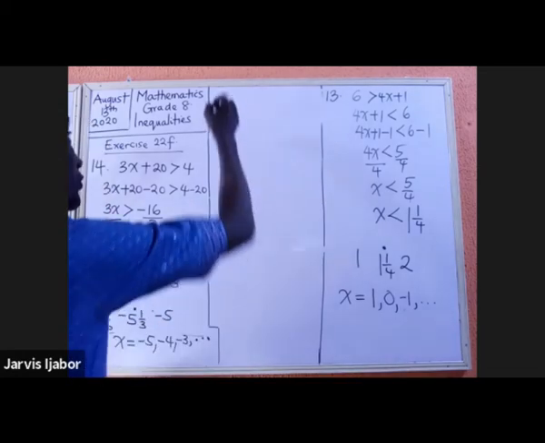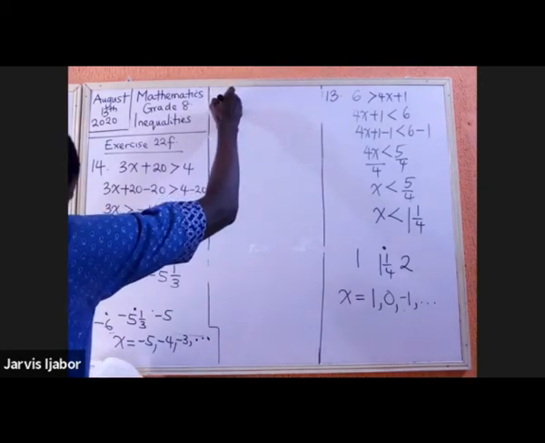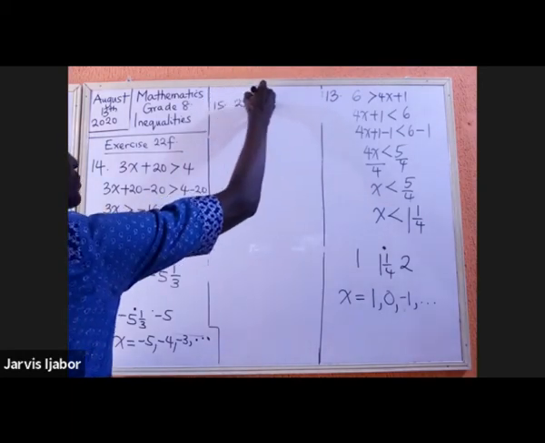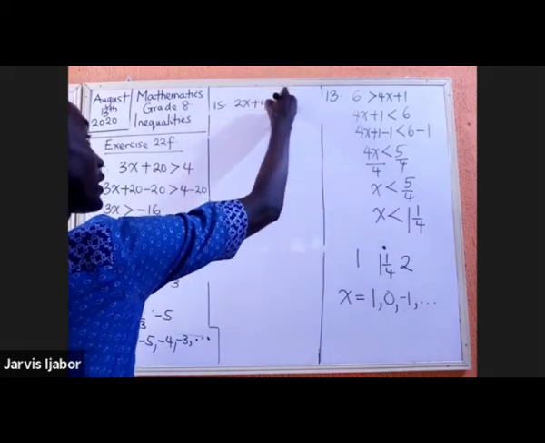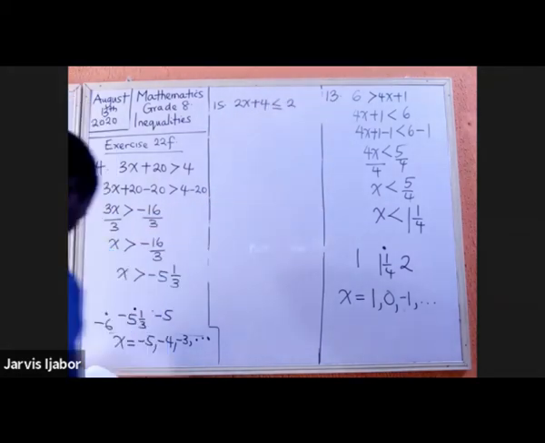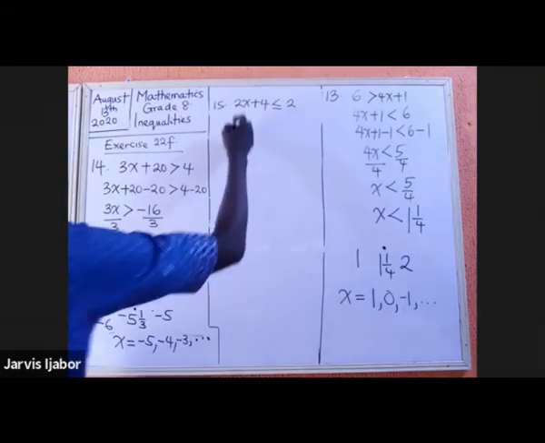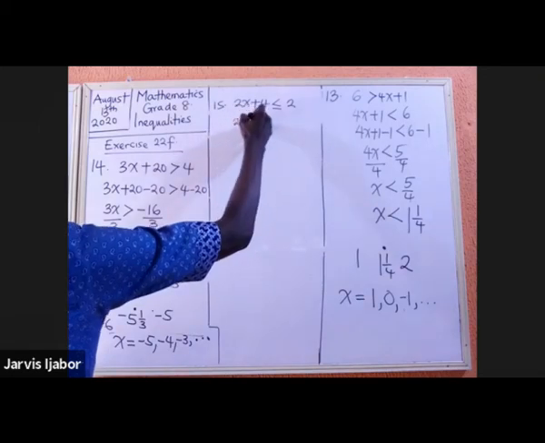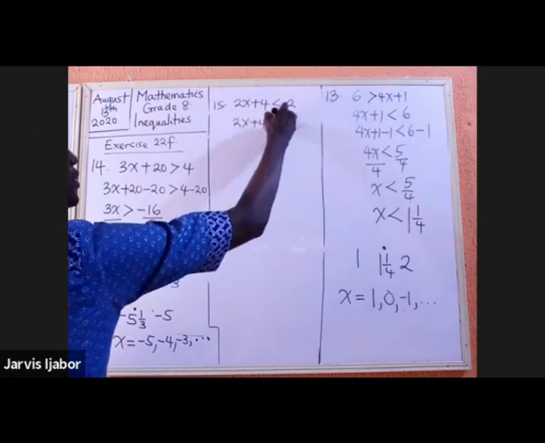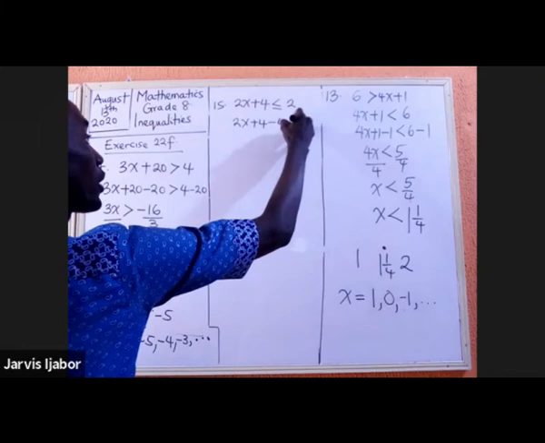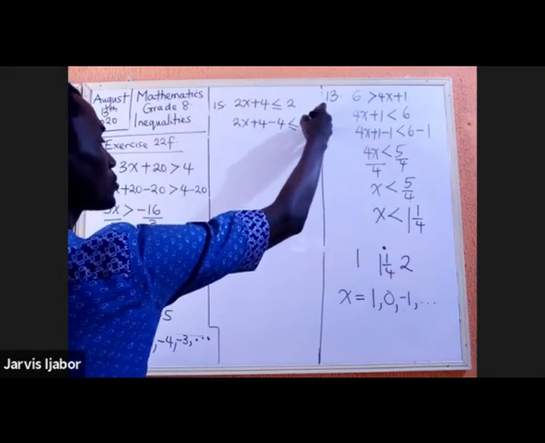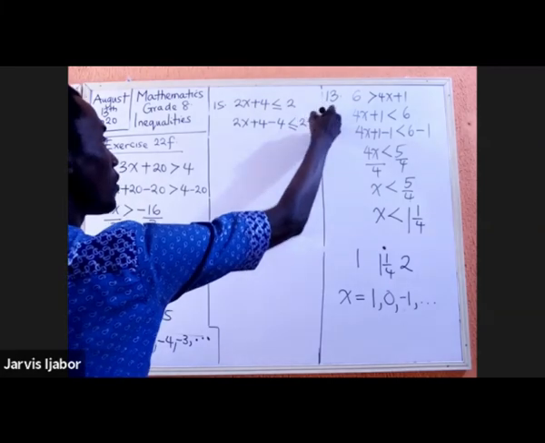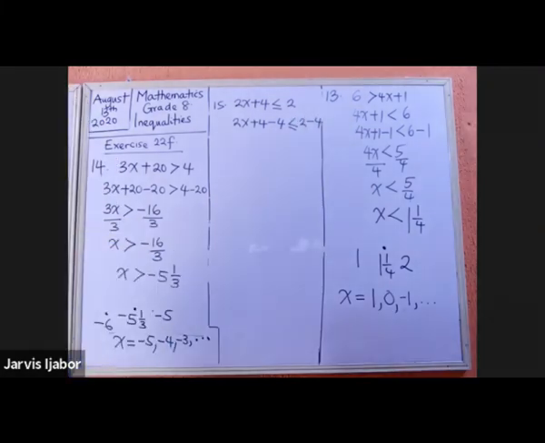Question 15, we have that 2x plus 4 will be less than or equal to 2. So what this means is that 2x plus 4 minus 4 will be less than or equal to 2 minus 4.